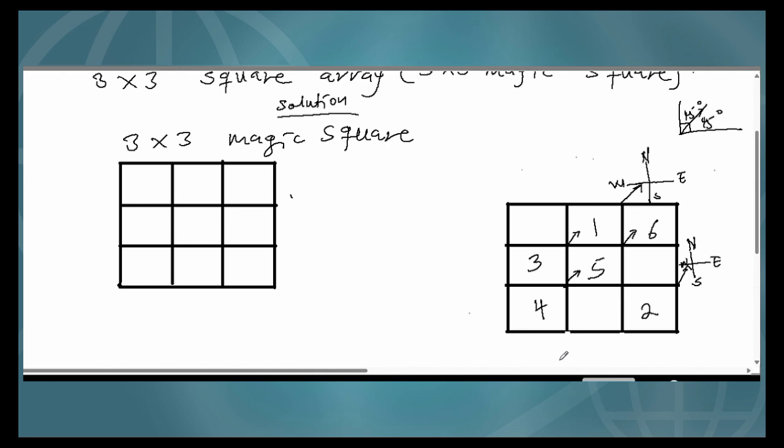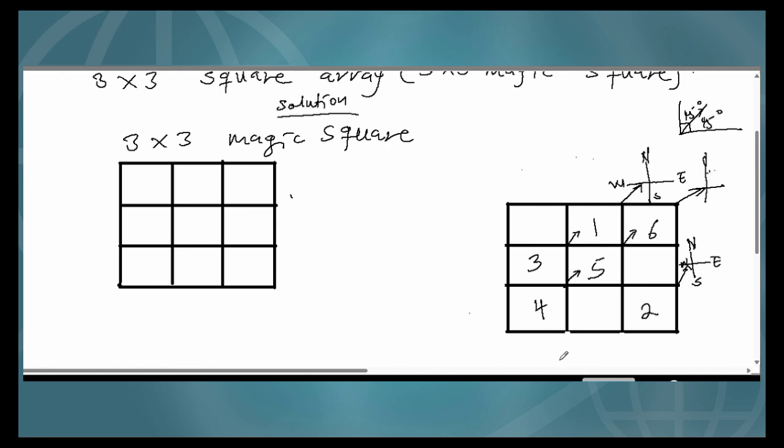Now for my 6, the right upper corner of the box in which the 6 is, is here, okay. So if I construct my 45 degrees, I think now there's no need to draw the cardinal points. You can see that if I draw it moving to the north, there is no entry. Okay, let me draw it.